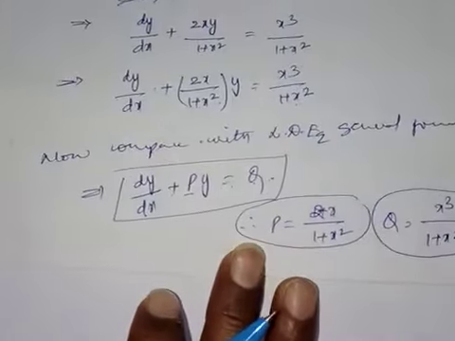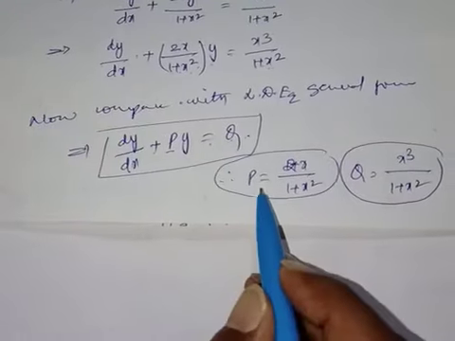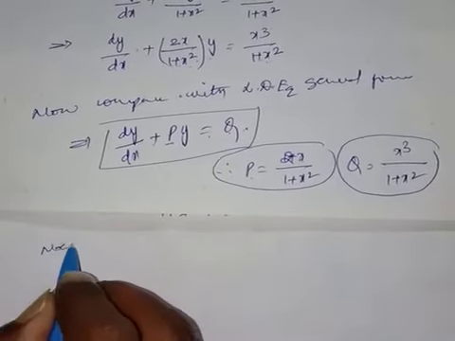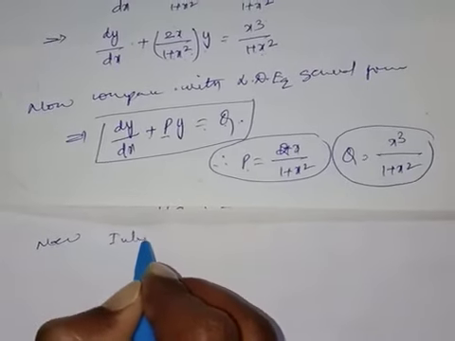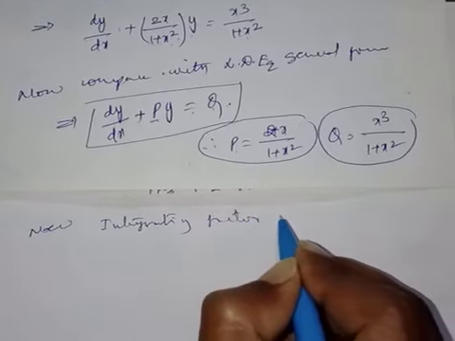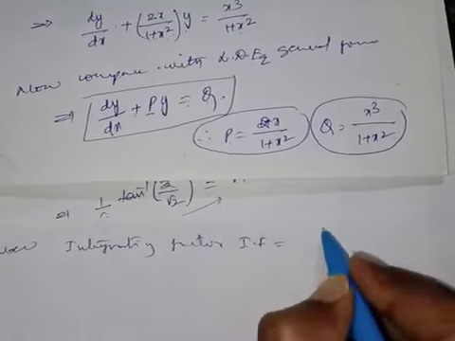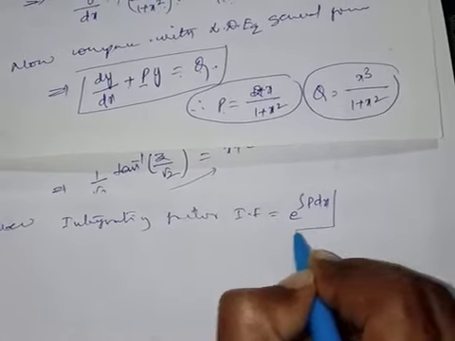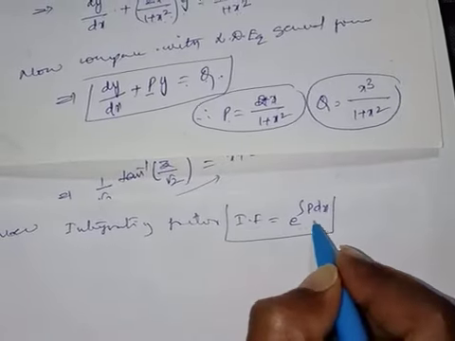After finding the P and Q values, now find the integrating factor. The formula is IF = e to the power of the integral of P dx. This is the integrating factor formula.